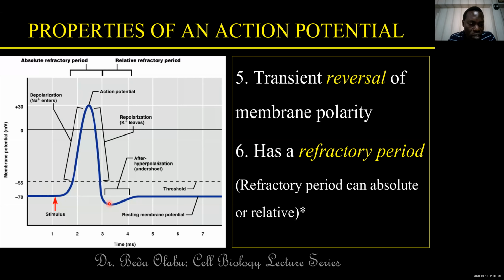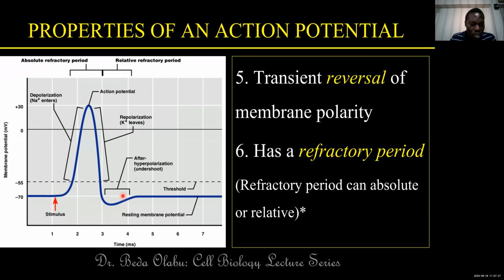And the concept is this. When the membrane is at hyperpolarization, it will take a lot of energy for this membrane to be disturbed up to this threshold. See, if it was here, -70, the energy that you'll use to make it reach -55 is less. But if you are at -80, the energy you need to make it reach -55 is more.